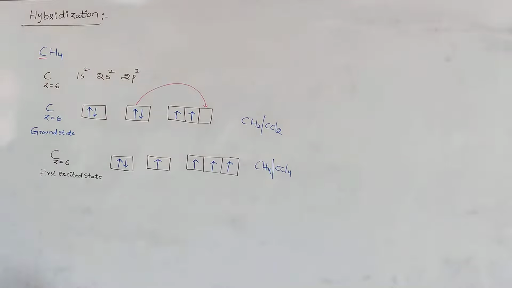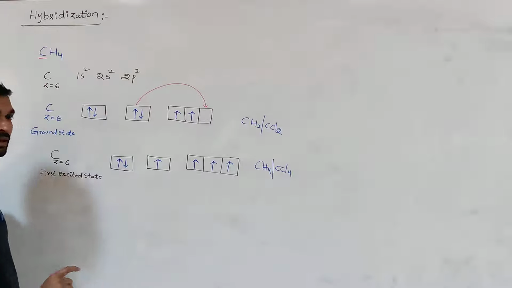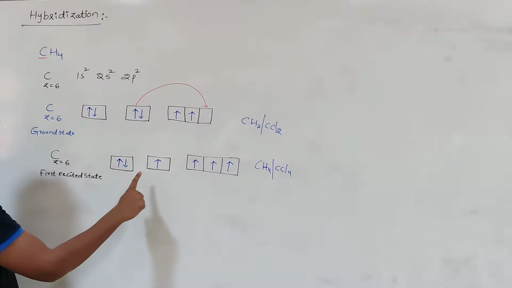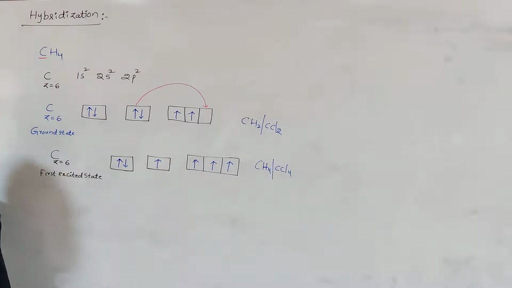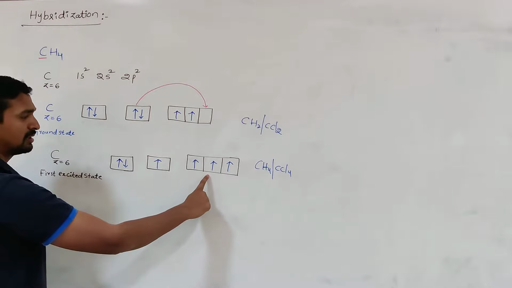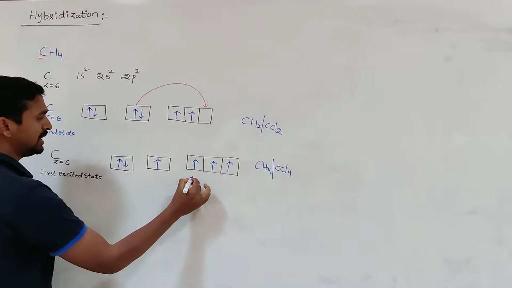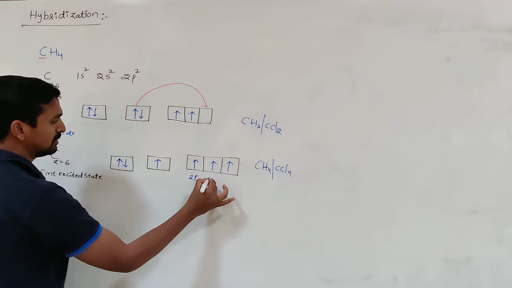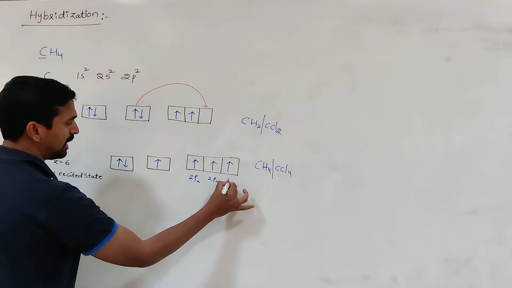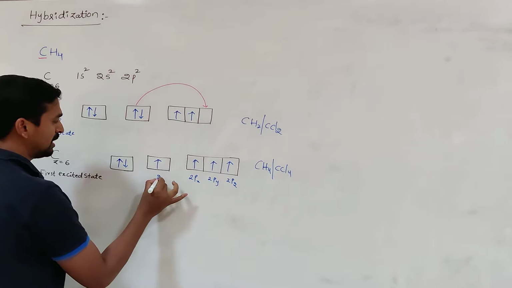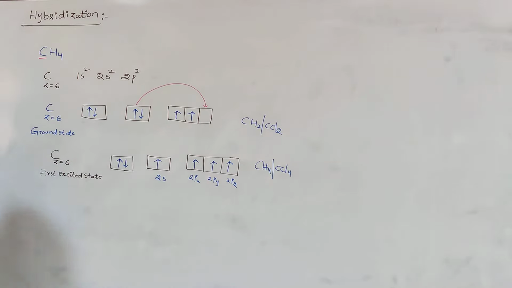Okay, fine. So in our example, in the formation of CH4, the carbon is providing the 4 half-filled orbitals. Out of the 4 half-filled orbitals, one is the 2s orbital and the remaining 3 are 2p orbitals: 2px, 2py, and 2pz, and this is the 2s orbital.